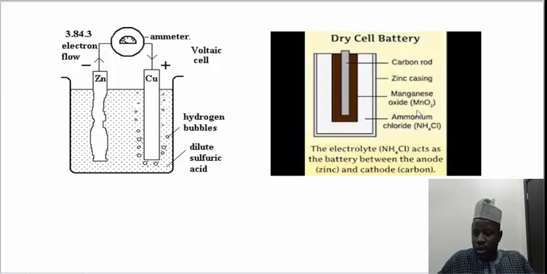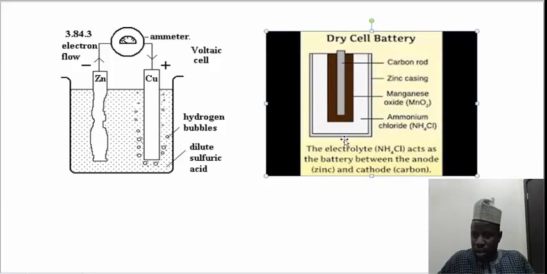This is a version of our dry cell. Actually, it's not dry; there is some moisture inside it. See our structure here. Our two conductors are carbon and zinc. The zinc is the case, so this is the negative terminal of your battery, and this is the positive terminal because it replaces the copper.